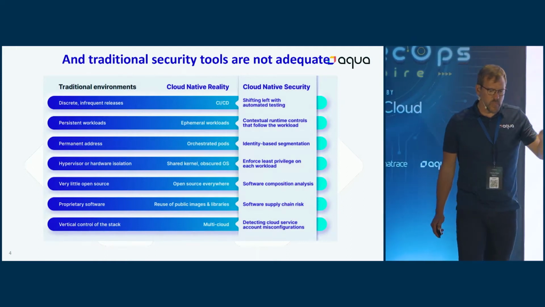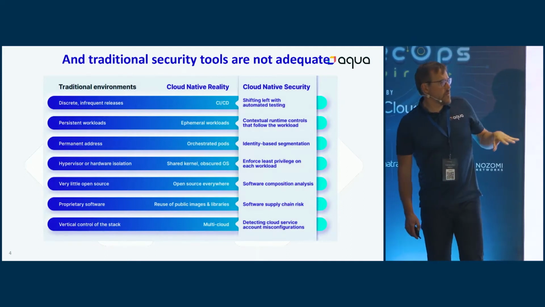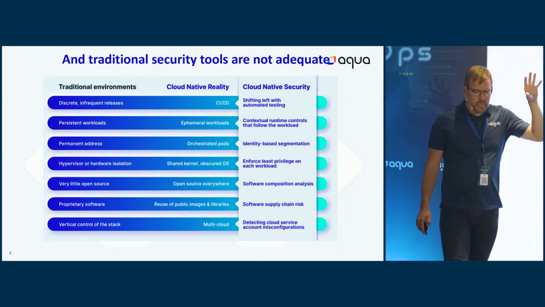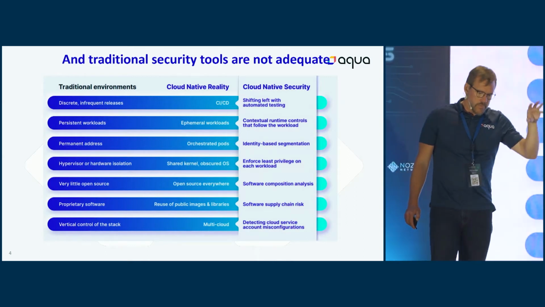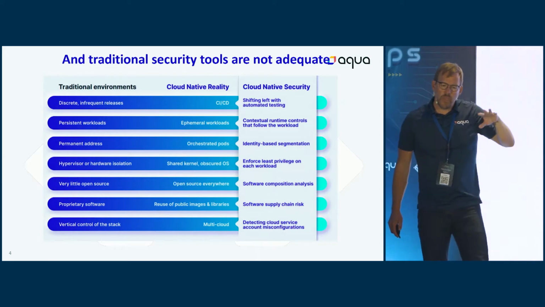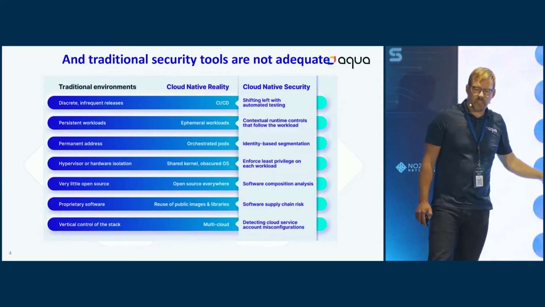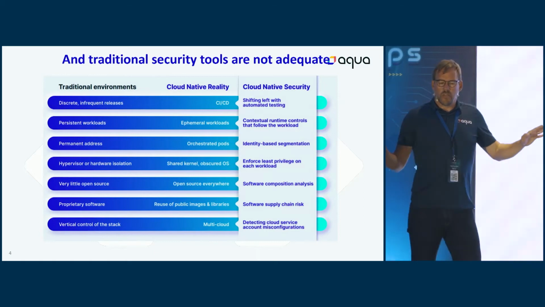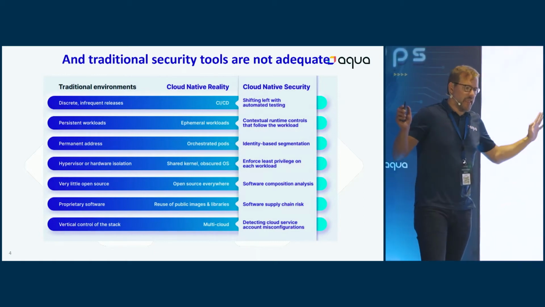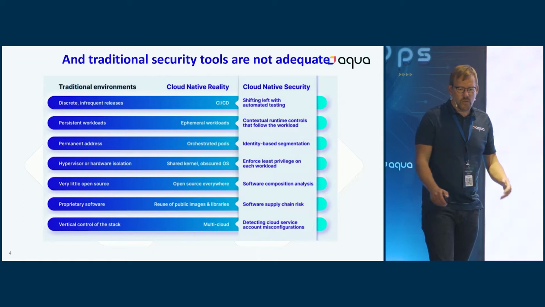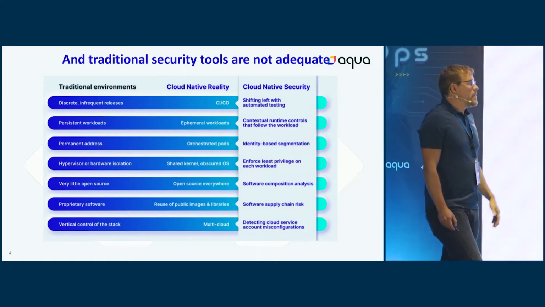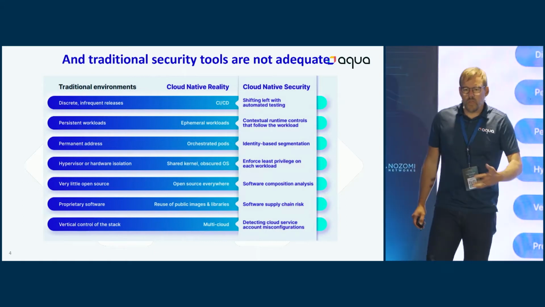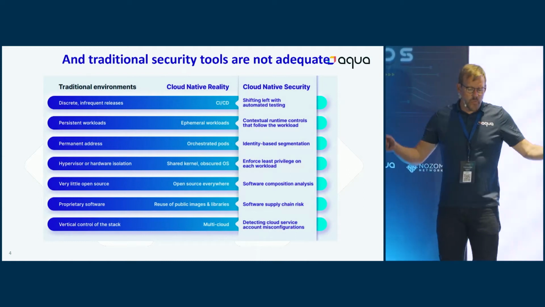In traditional environments, you have discrete releases, and maybe you run something, never change a running system. If you have a stable release, you have not touched the server until something made you change it. But in the cloud native world, you have CI/CD jobs, you have sprints and so on.